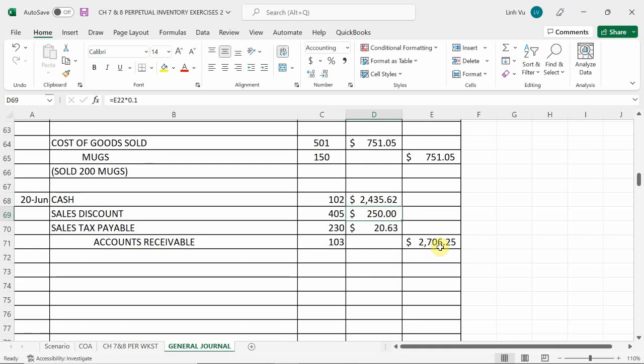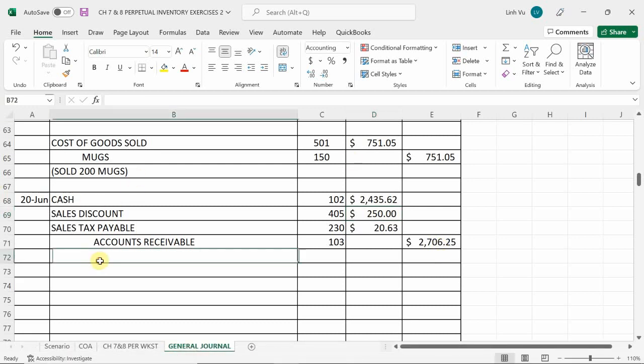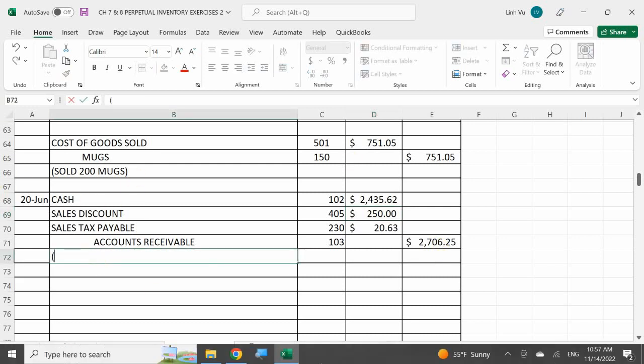We're going to receive $2,435.62. Then I'm going to make a note here: customer A paid in full, received 10% discount.